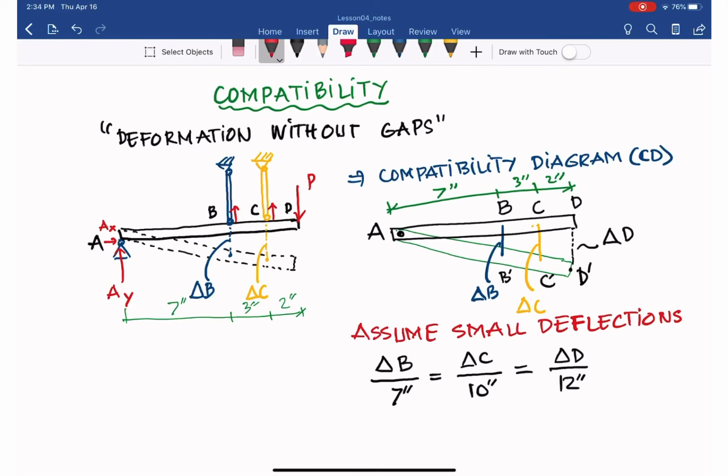In 2D equilibrium we only have 3 equilibrium equations, so we call that a statically indeterminate structure. So basically you cannot solve the problem with statics alone.